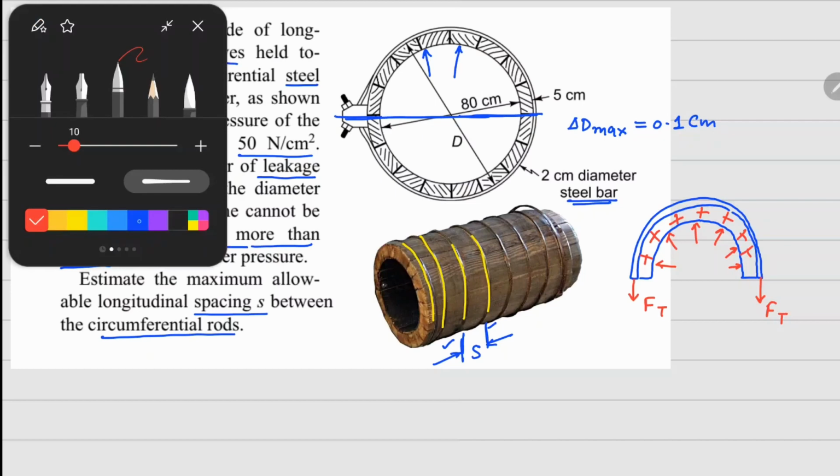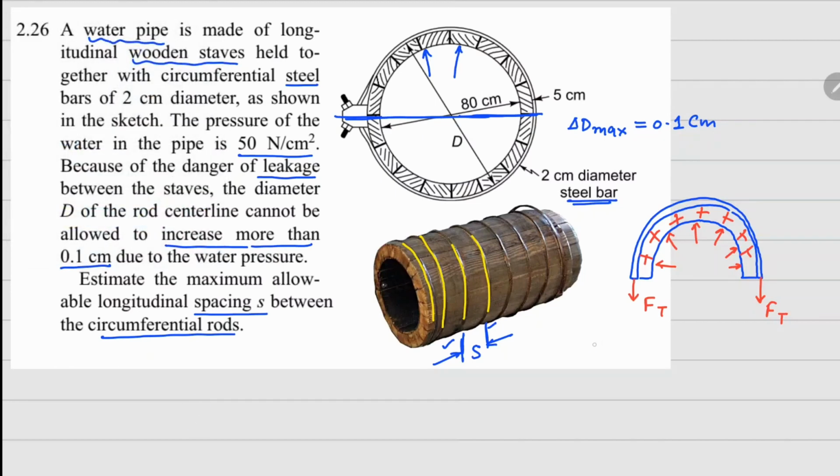Now if I do the force balance for this, and this is coming from your example 2.7, 2 times Ft is going to be the projected force due to this pressure in the vertical direction. And if I consider this distance here, this is 80 centimeter. So your pressure value times 80 centimeter. Now this whole thing is considering the gap between two of these wires.